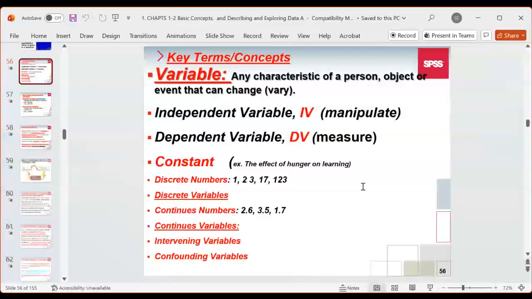Intervening variable and confounding variable are something that you can read. It helps you for your research. And I have them here. But again, this is not a research class.